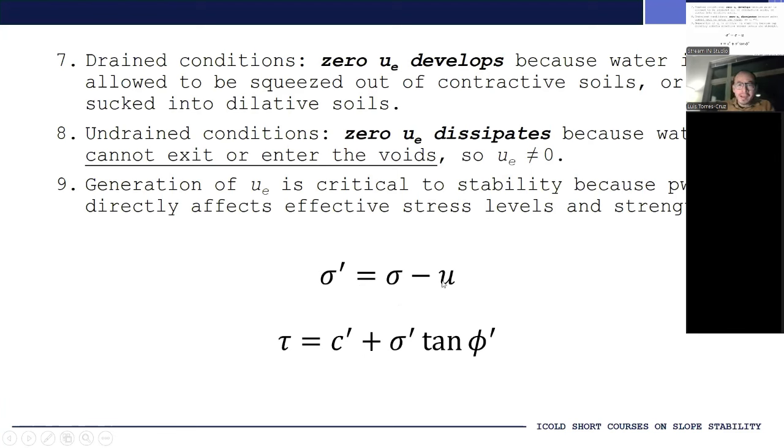So a high pore water pressure, by virtue of this negative sign right here, means a low effective stress, and that low effective stress will imply a low shear strength.